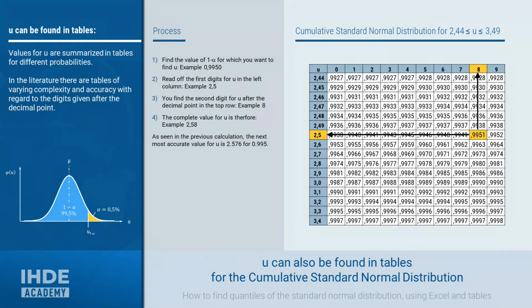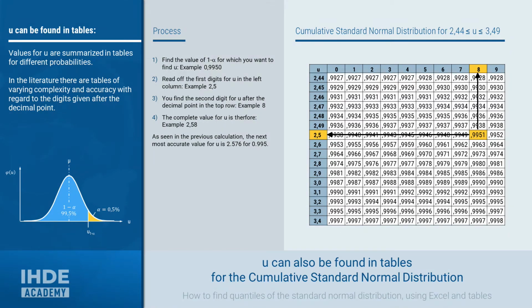To save us all the arithmetic work, the values for u for different probabilities have already been summarized in tables. A section of such a table is shown here. If you look for the value of u for 0.995, you look for 0.995 or the value that is closest in the white field of the table, and then read the first part on the left side, here the 2.5.